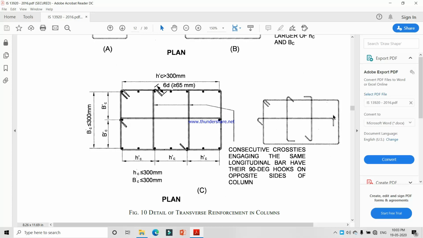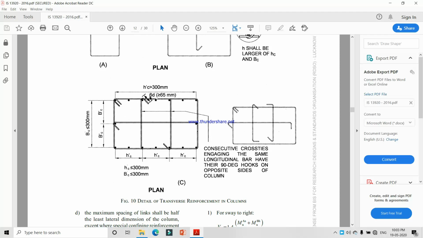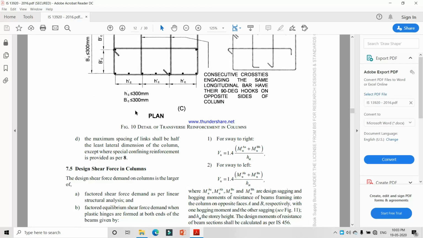You can see this one and these two cross ties, and this is the main ring. This is the criteria if the dimension is greater than 300, and these are also greater than 300, then we have to provide this.